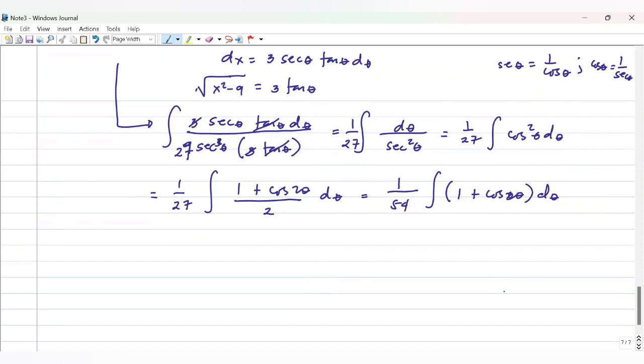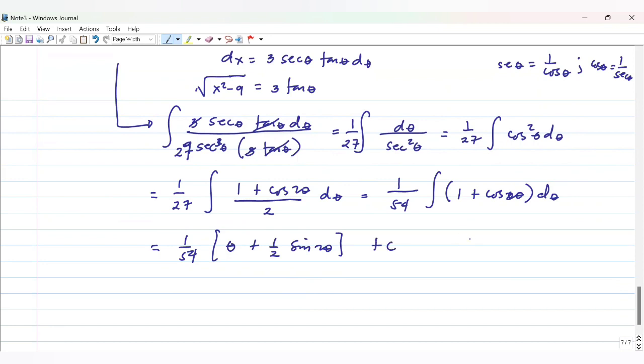So if we integrate that one, that will be 1 over 54 times theta plus the integral of cosine 2 theta, which is one half sine 2 theta, plus c.